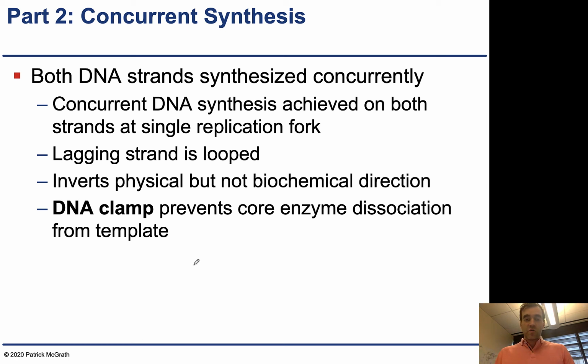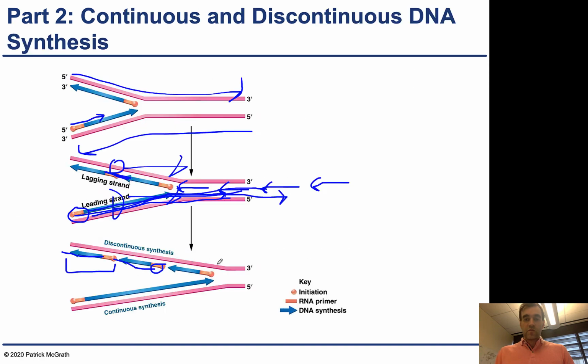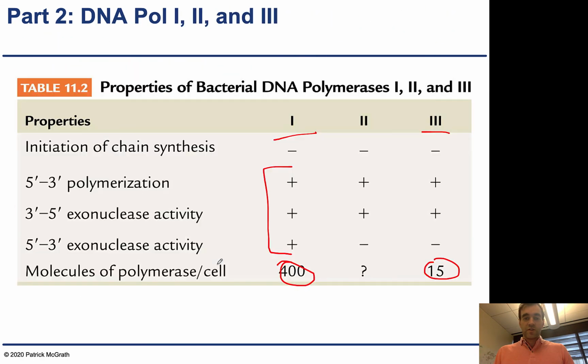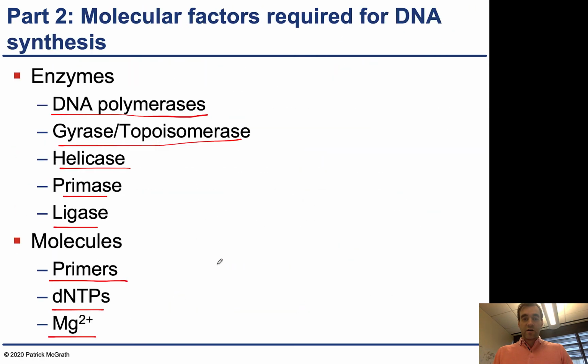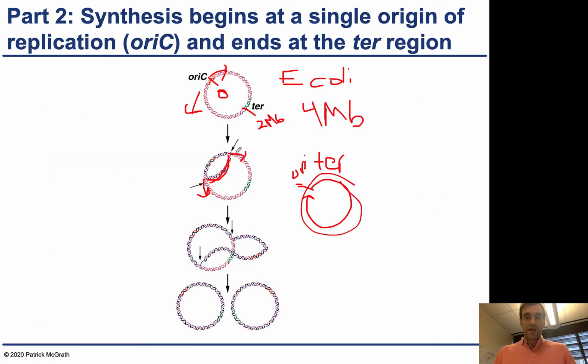And so just to make it a little bit clearer what exactly is going on. So you have two different replication forks, and there are 2 polymerases at each point.